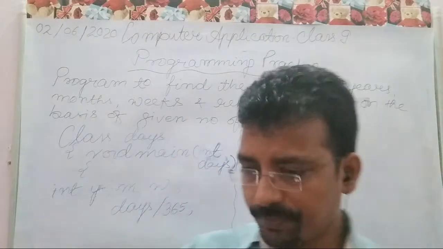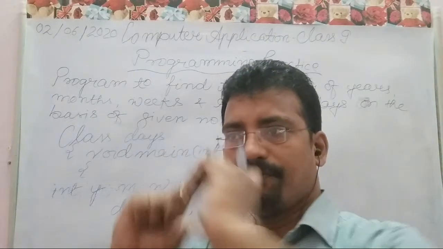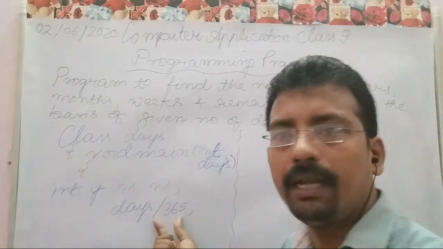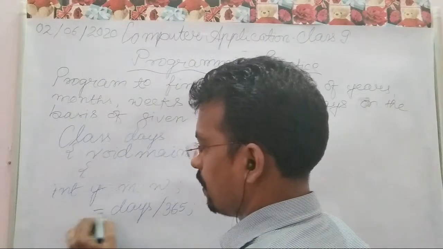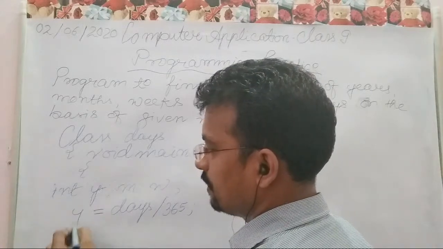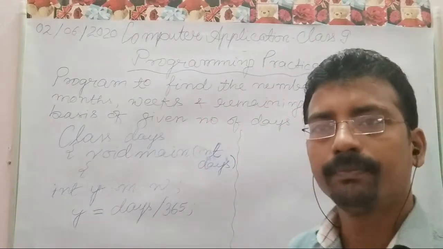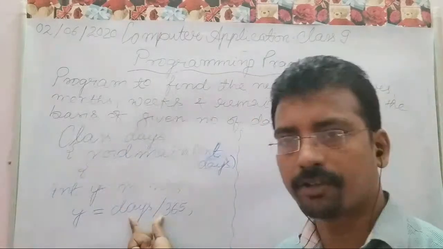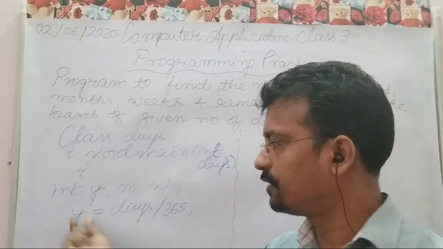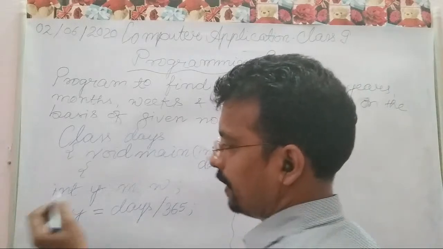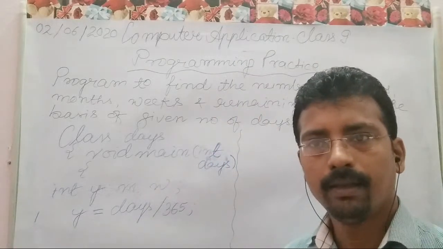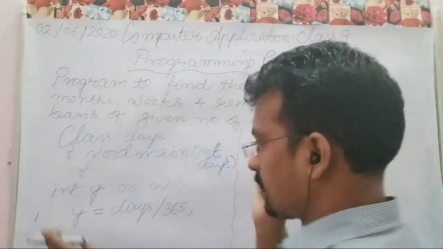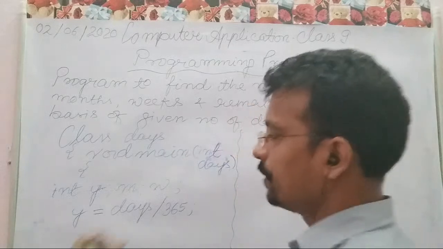Since it is an integer, the answer will be an integer, so we will receive this value in the Y variable. Y is of integer type, so the result will not be a fraction but an integer, so it will receive 1. Is it clear? Okay, let's first write the program, then I'll explain how it is going to work.